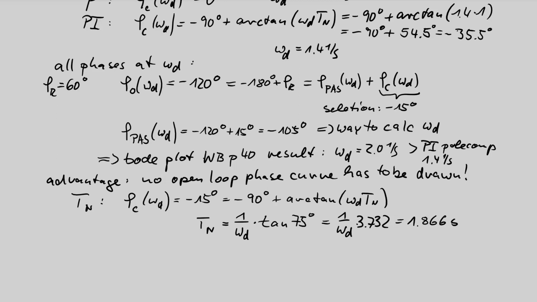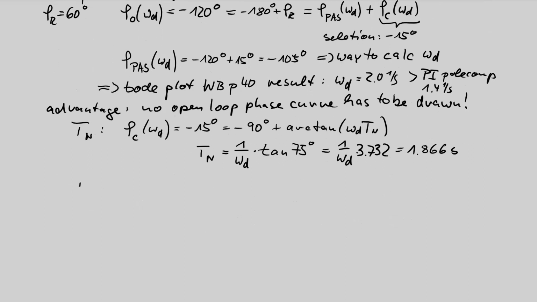But then this is the result, and the Kc comes out of the second equation of my Nyquist stability criterion, the open loop magnitude at this 2.0 frequency of course must be 1. So we put all knowledge together. Kc, the magnitude of my controller.